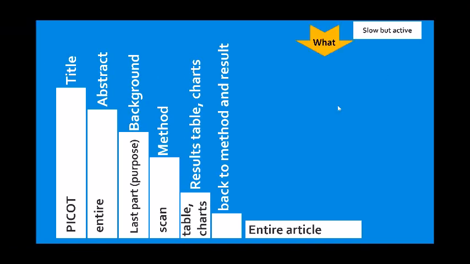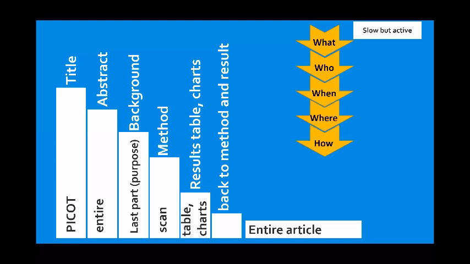This means that you need to assess the article in this way. In each section you read, you need to know what, who, when, where, how, why, but you need to do it in a structured way, and you need to fill the gap.